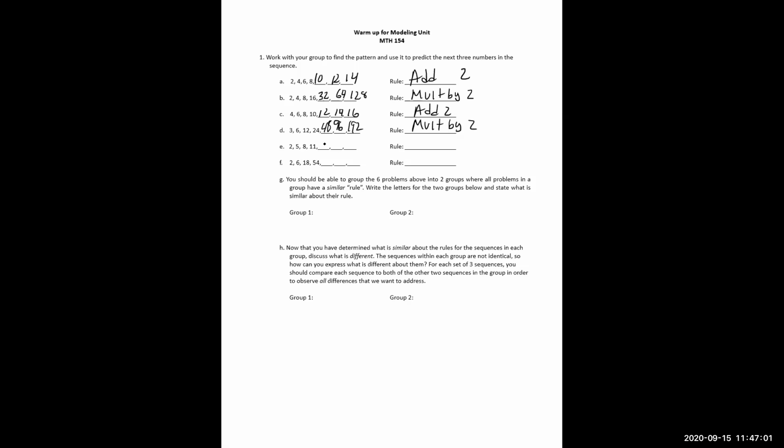Okay, how about letter E? 2, 5, 8, 11, 14, 17, and 20. And your rule? Kind of tripped you up. You thought it was going to be add 2, but it's add 3 this time. Okay, letter F. 2, 6, 18, 54.